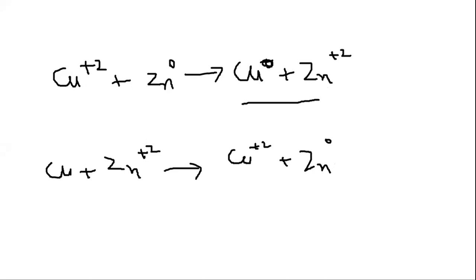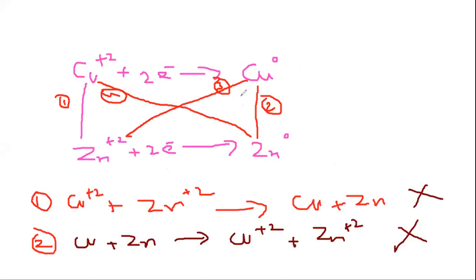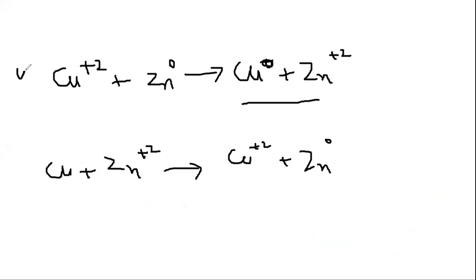So this is the copper plus 2 with the zinc metal. Actually, this was our fourth option, and this was our third option. I am writing it over here. It is just the number, it doesn't matter what I'm going to describe over here.